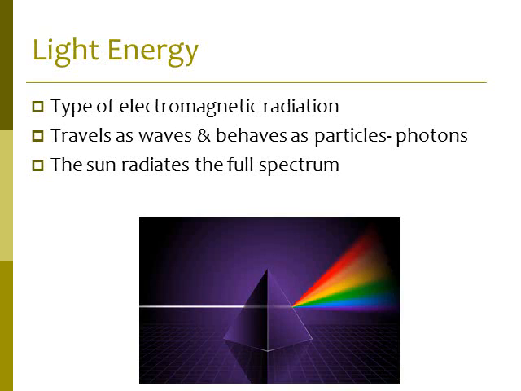Light travels as a wave, but it also behaves as particles called photons. The sun radiates the full electromagnetic radiation spectrum, but we're going to really focus on the visible light, which is basically colors, the type of radiation that we use to actually see things on Earth.